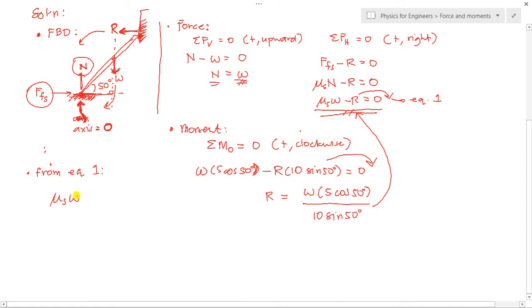So we now have mu s W is equal to W, which is our R, 5 cosine 50 degrees divided by 10 sine of 50 degrees. So since W is common on both sides, makancel out. So what's left is mu s is equal to 5 cosine of 50.